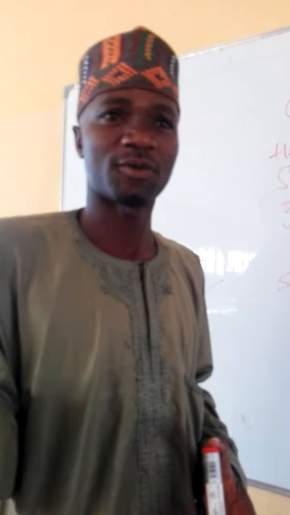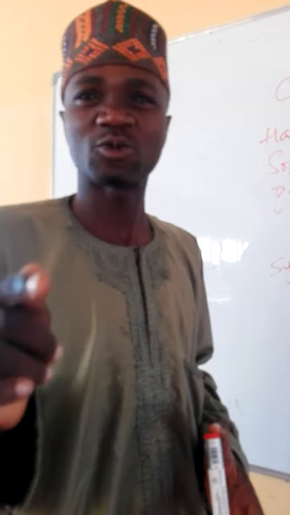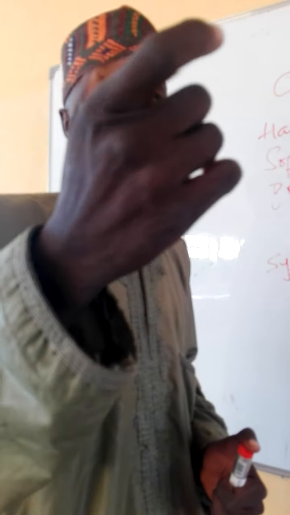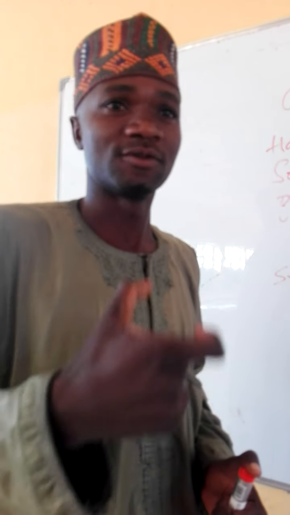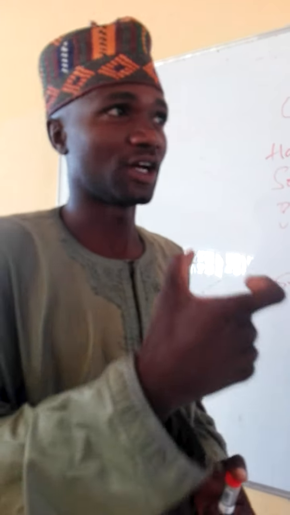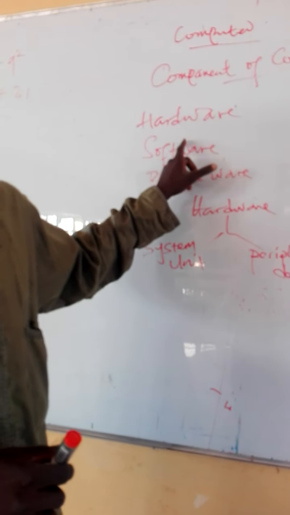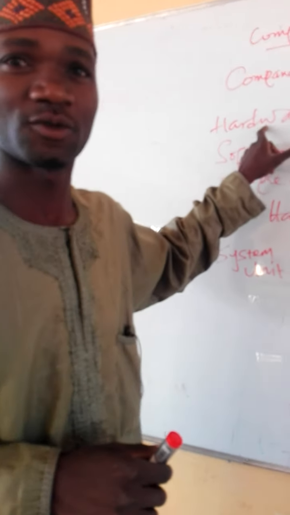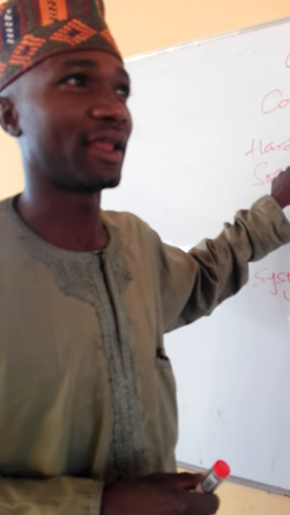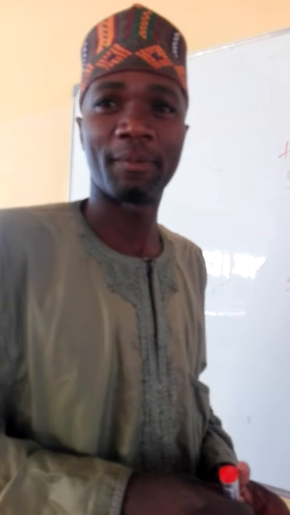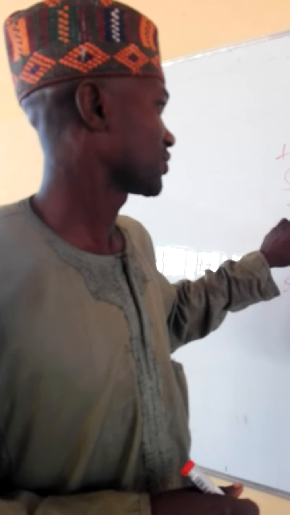After CPU finishes processing the work, the operating system will take that work to the output unit for the user to see the tasks that computer has done. So in this regard, the software cannot work without hardware, and at the same time the hardware cannot work without software. If there is no hardware and there is no software, definitely your computer cannot work perfectly.